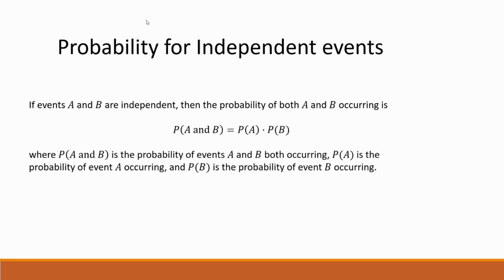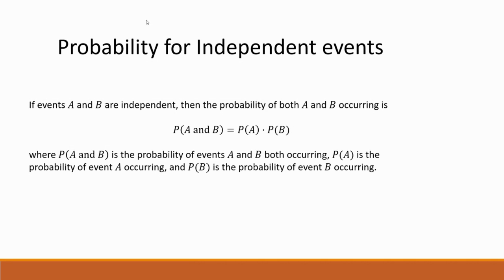Namely, the probability of A and B, that's just the probability of A times the probability of B. That's what it is. Okay, so in other words, we just multiply their probabilities together if they're independent. If they're not independent, then that formula is not going to work.